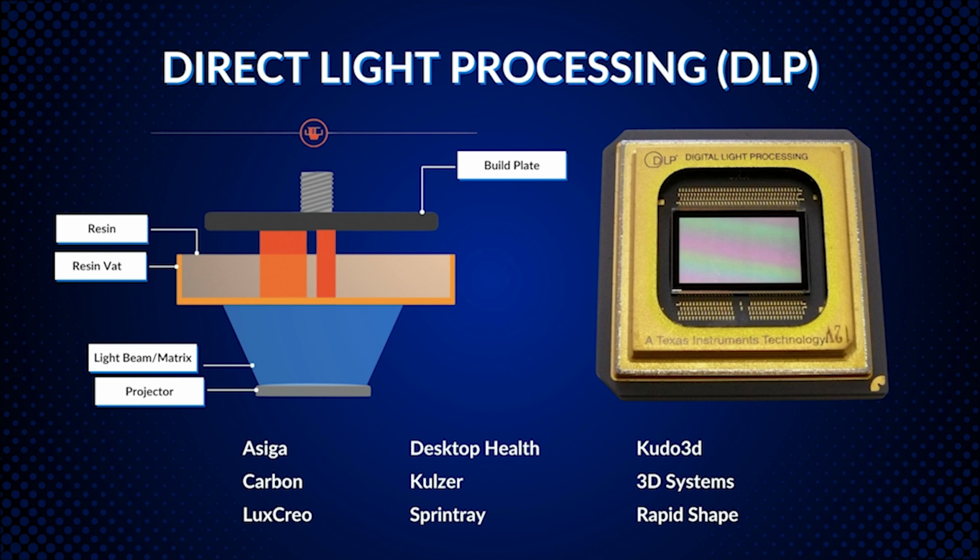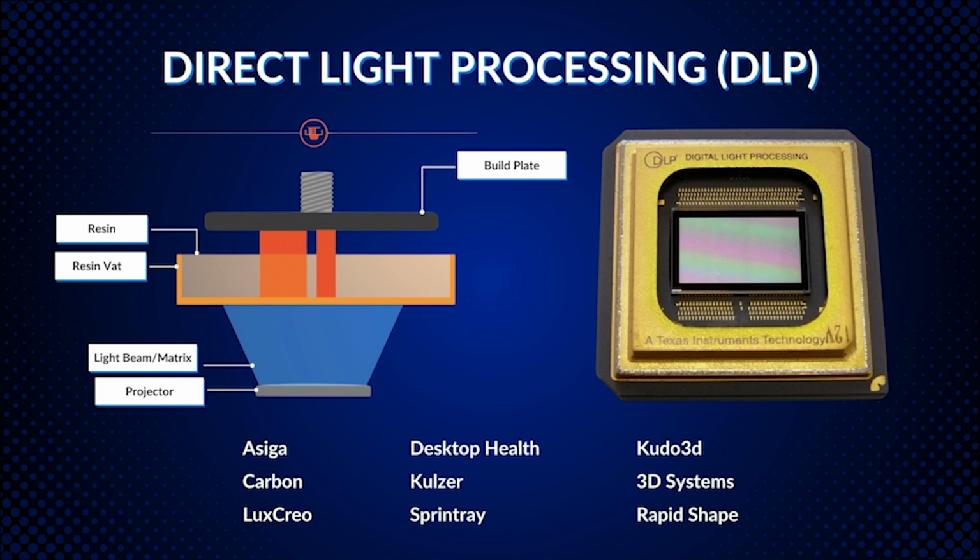DLP 3D printers are by far the most popular that we see in the dental industry. Where SLA 3D printers have one single point of light, a DLP printer uses a projector and projects the entire image that's being printed onto the build plate all at once. So once again, we've got a vat with our UV curable photopolymer and a build plate that drops down into that vat.